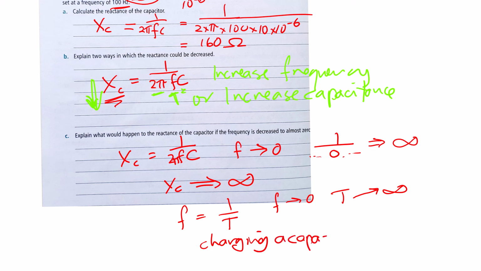There's a limit to the amount of charge a capacitor can take. If we're taking a very, very long time to charge it, then it's going to be very difficult for that capacitor to absorb it, which is why we would say that the reactance, the impedance, would tend towards infinity. So I think that makes a bit more sense.